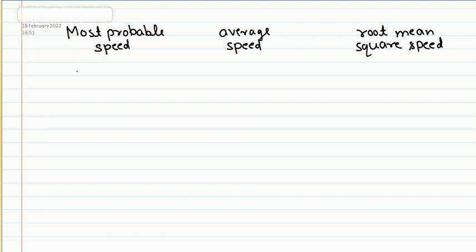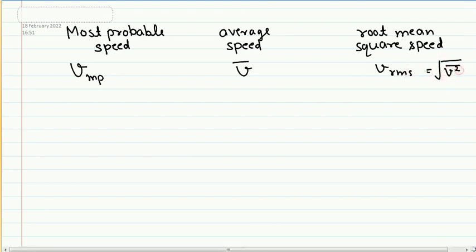The most probable speed can be denoted by VMP, the average speed is V bar, and the root mean square speed is VRMS, which is actually under root v square bar.